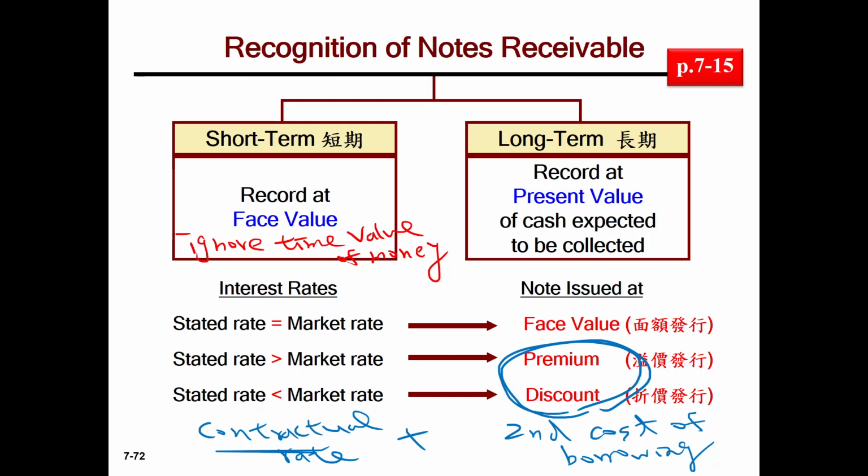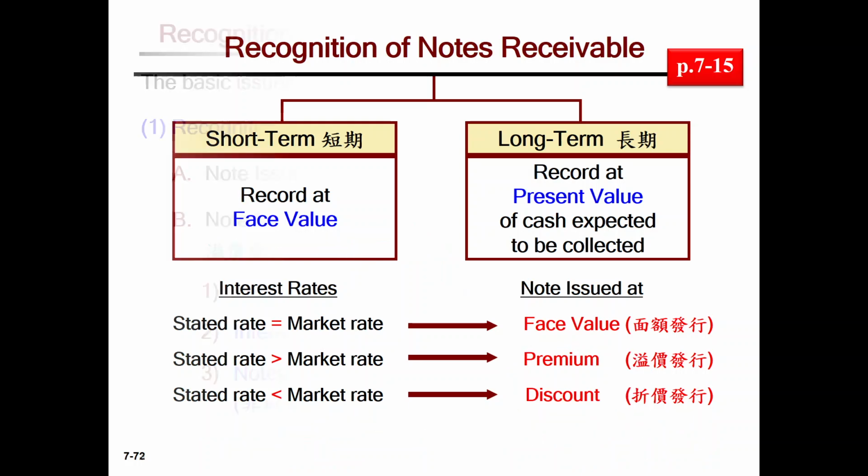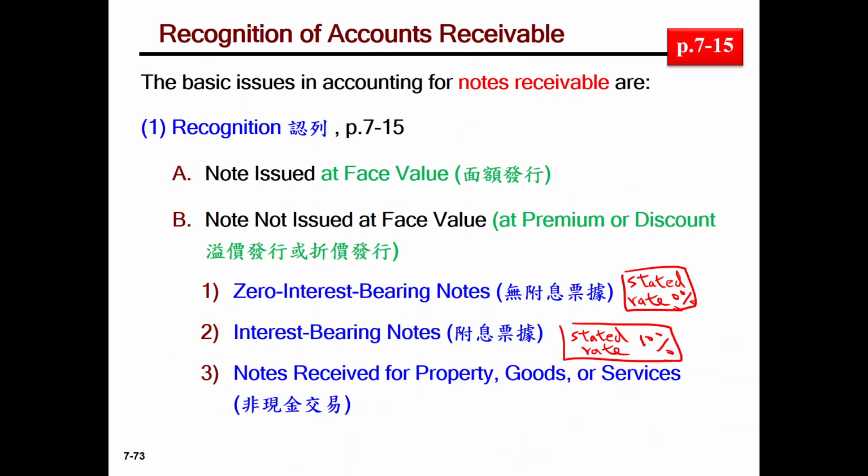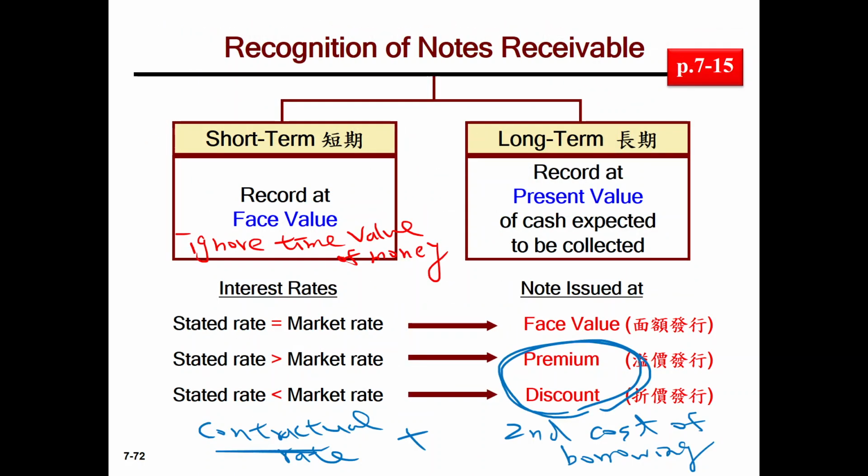So when your note is zero interest bearing note, you don't have a stated rate. So what does it mean? When the first part is zero, all of your interest is on the second part, discount or premium. Okay?